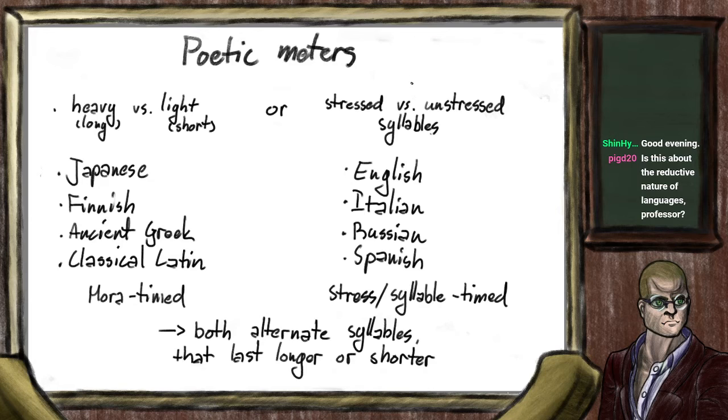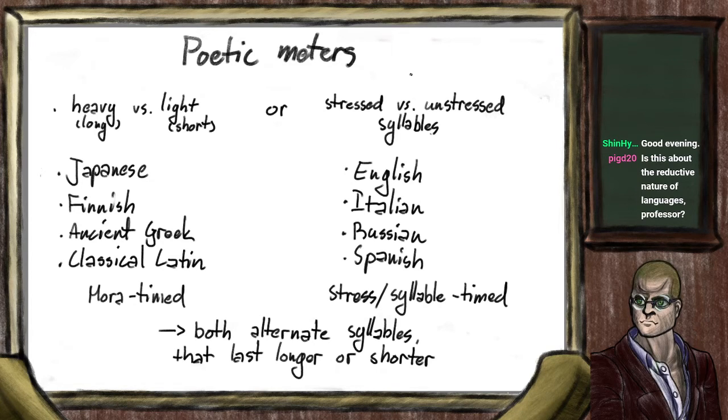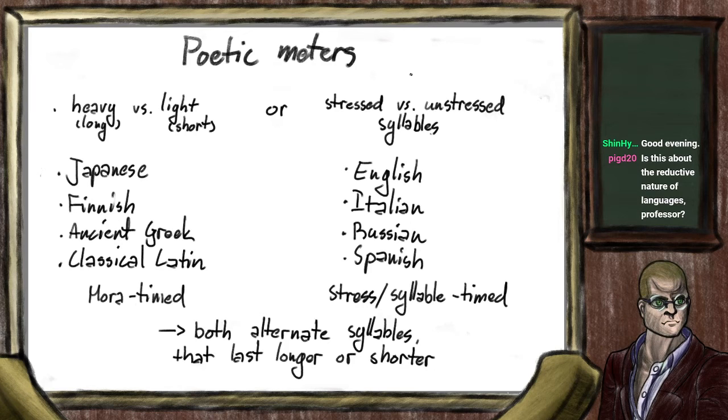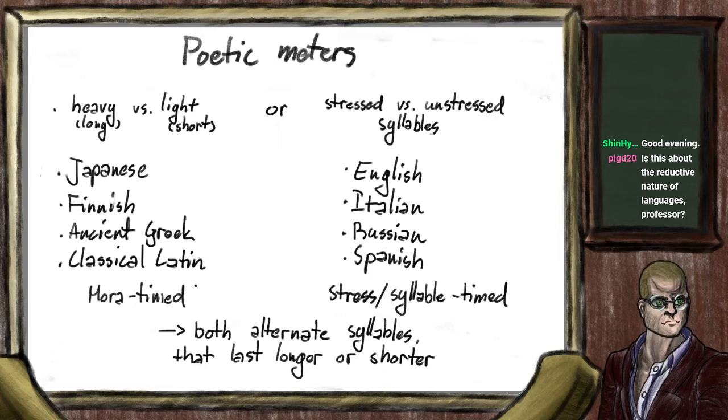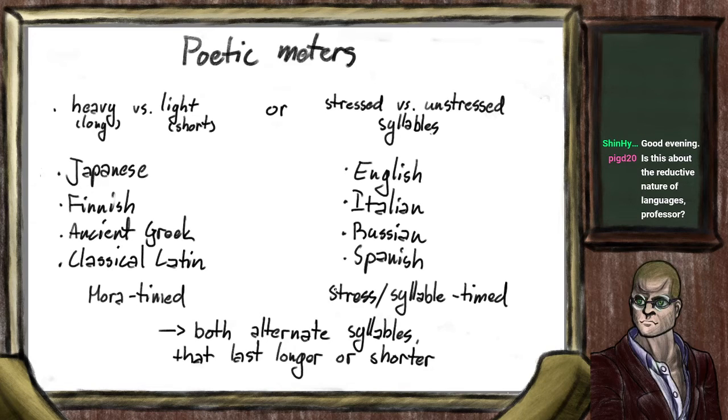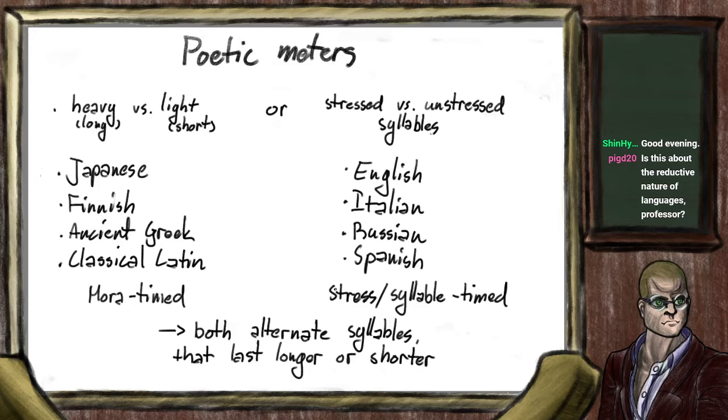And in some languages and traditions, you alternate between stressed and unstressed syllables. And when you look at the lists of these languages, the languages that traditionally or often use a syllable length distinction are Mora-timed. And the languages that commonly use a stress distinction are stress or syllable-timed. So what is actually happening here in both cases is that you alternate between syllables which are long and syllables which are short.